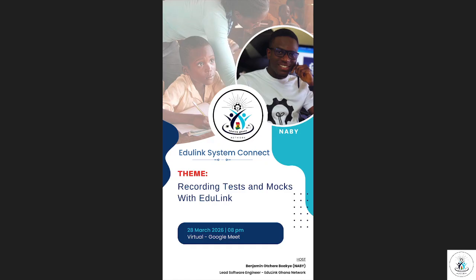Are their performance reducing? That's brought about this feature on the Edulink Ghana network platform. So you can use this to evaluate how the test was performed, and it also helps for records keeping.